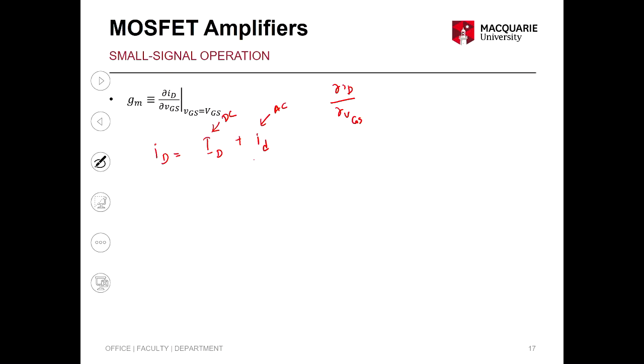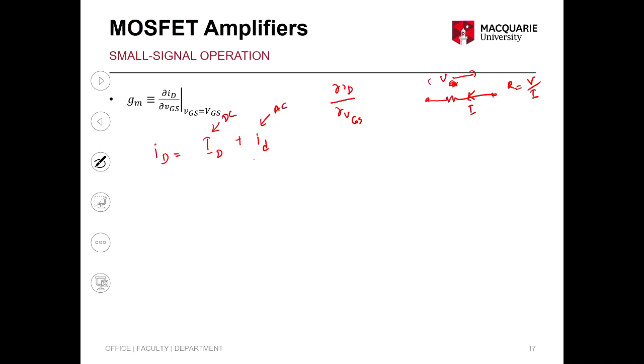Why isn't it conductance, but it's called transconductance? Someone could call it conductance, but we still call it transconductance, and there's a reason for it. For a resistor, you have a voltage across it, and then you have a current, and resistance is V over I, right? So you are measuring the voltage between those two points.